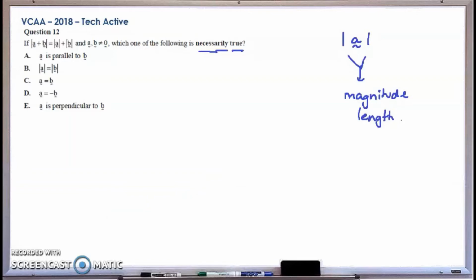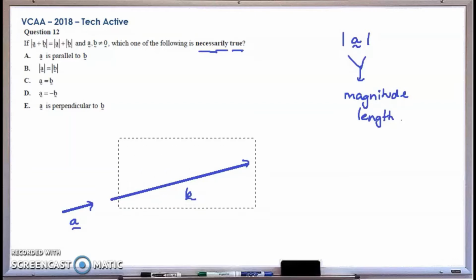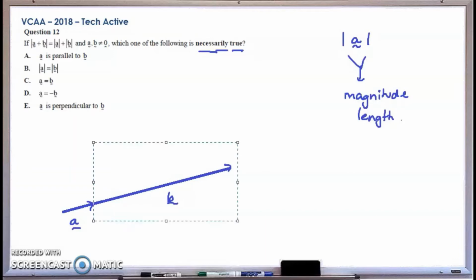Option A says that the two vectors are parallel. So you'll have vector A and vector B, for example. And let's assume that I've drawn them perfectly and they're parallel. What we're looking for is the question of, is there any circumstance in which adding these two vectors, the total length does not equal the length of one plus the length of the other?